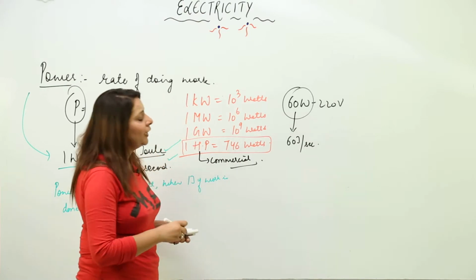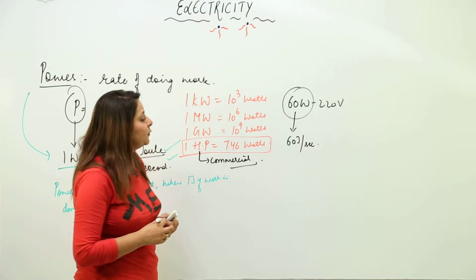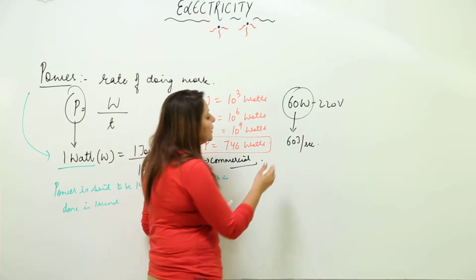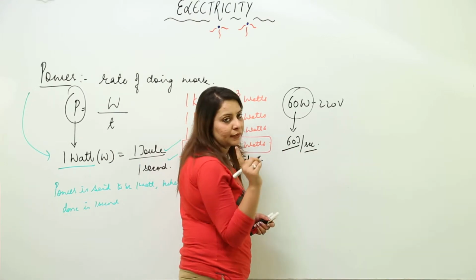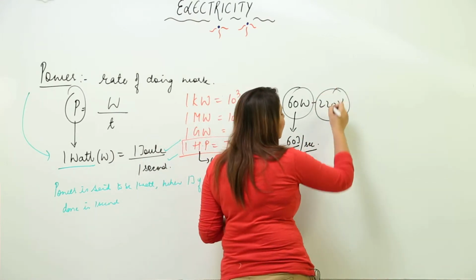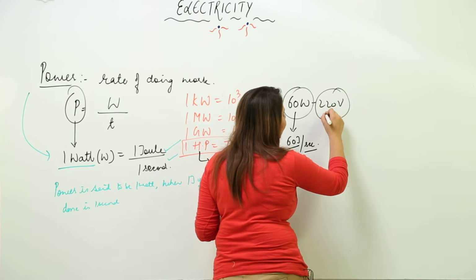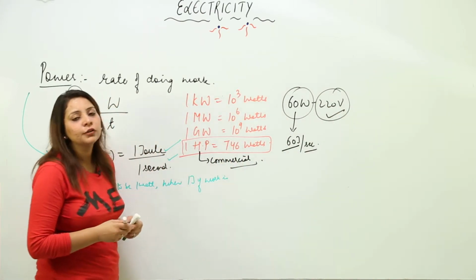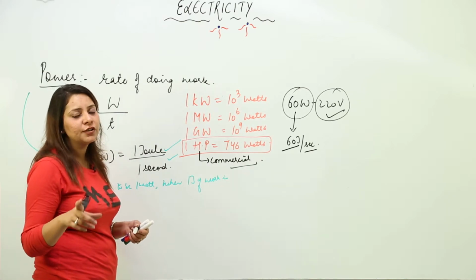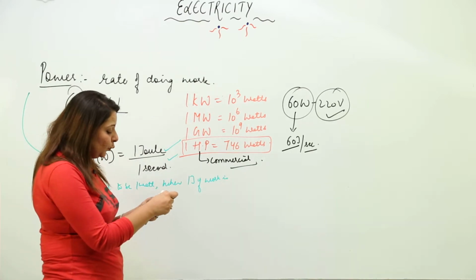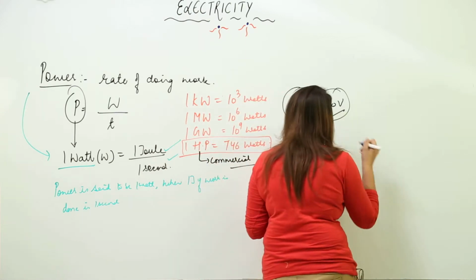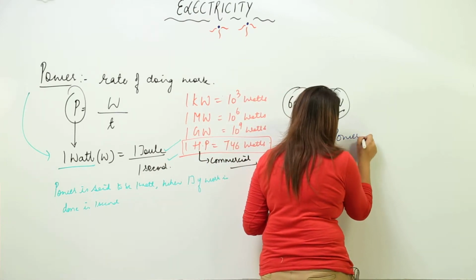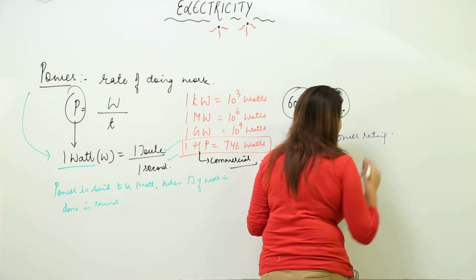So 60 watt means it is going to consume 60 joules of energy in 1 second. And 220 volt means the minimum voltage required to operate it is 220. It won't work if the voltage is below 220. And this is what is called power rating.